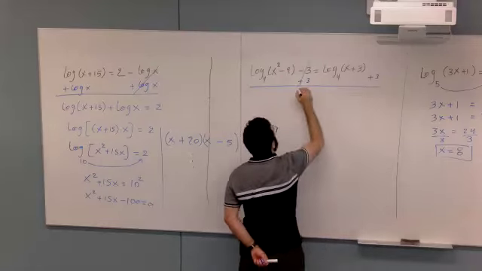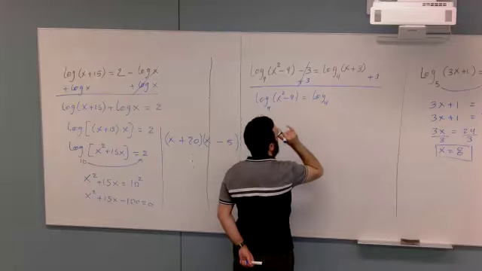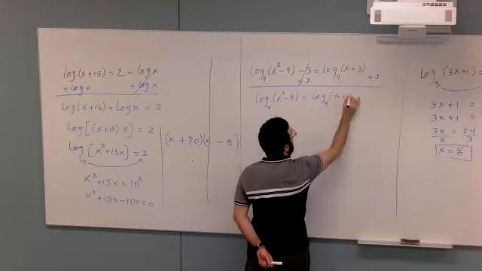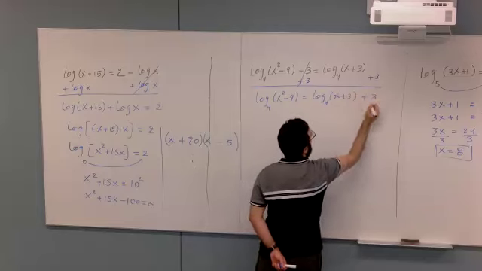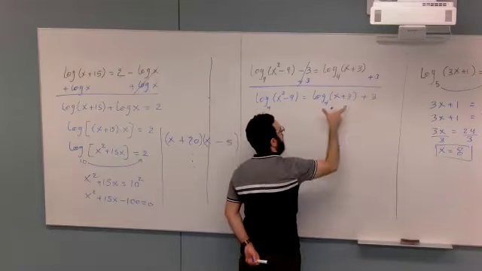Cancel here. So what will be log 4 x squared minus 9 equals log 4 x plus 3 plus 3. Be careful, this 3 is by itself, it does not belong to the log. Then you're gonna say minus log 4 x plus 3 from both sides.